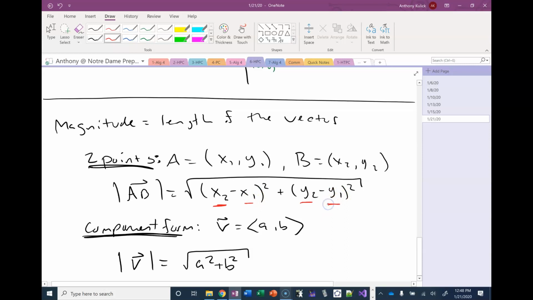My initial point is 0, 0. A minus 0 squared is A squared. B minus 0 squared is B squared. So either way, yes. Yep, it's doing the same thing. Everybody okay with that idea?